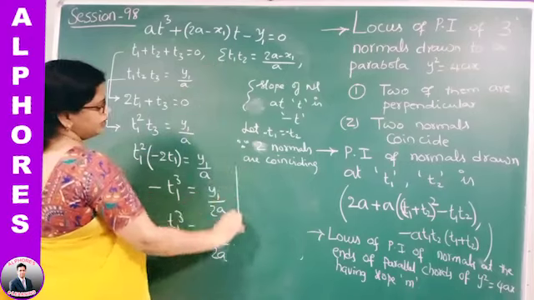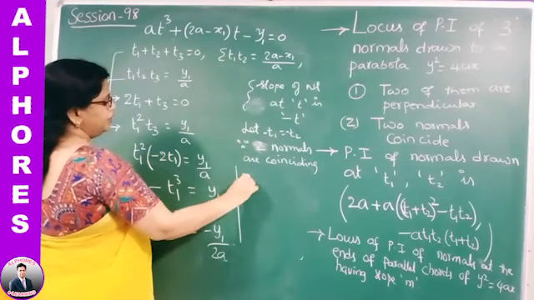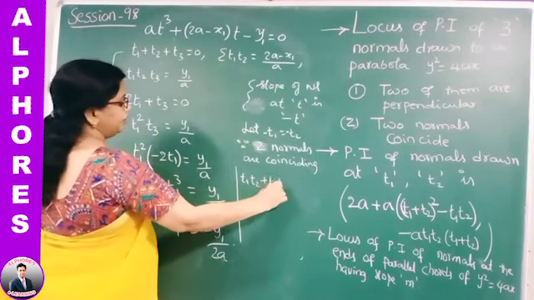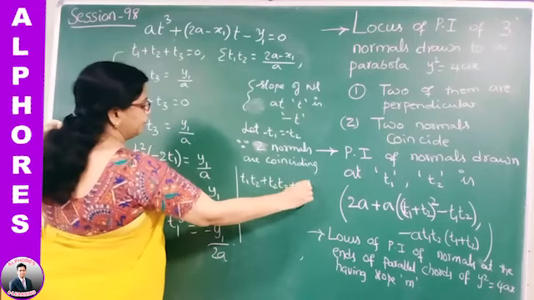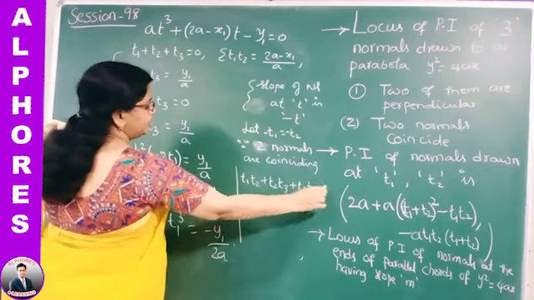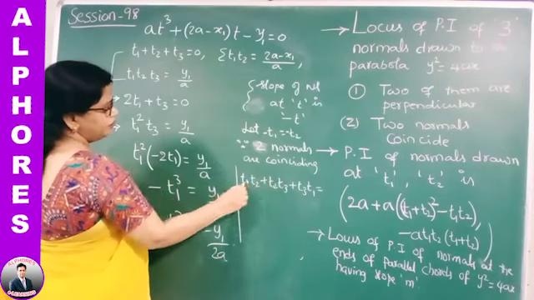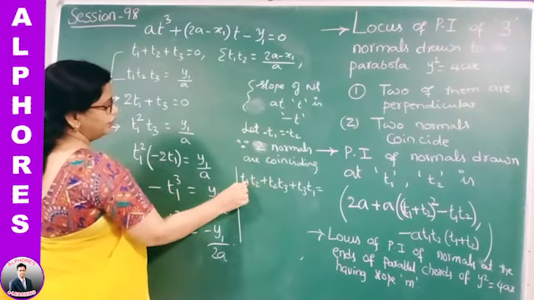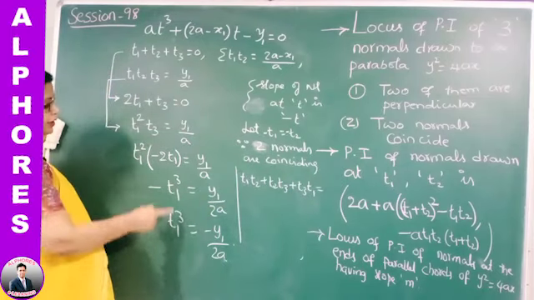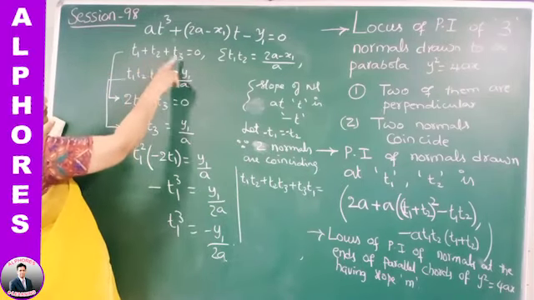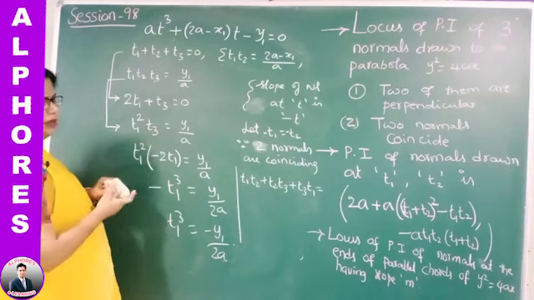Suppose you take this value, that is T1 T2 plus T2 T3 plus T3 T1, and this value we know it is 2A minus x1 by A. Then from these two values, if you take T2 common, you will get T1 plus T3. Then also you can substitute one of the values, thereby we can obtain the answer.